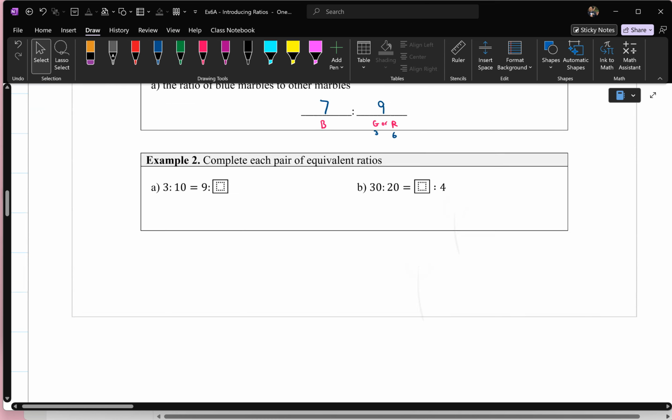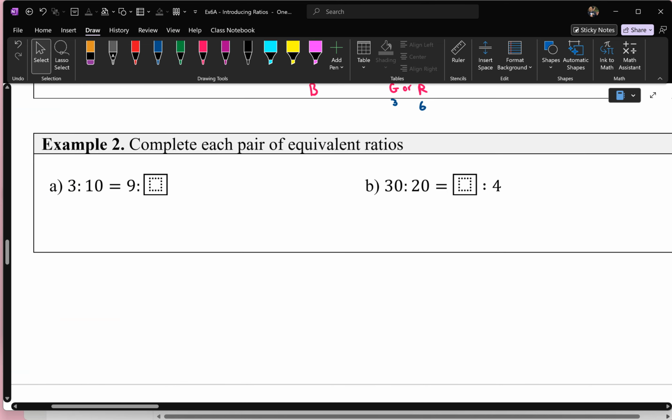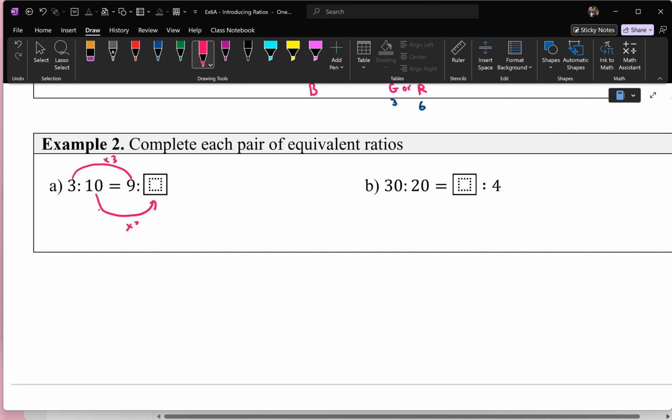Example 2: now you're going to complete the missing box of magic squares using equivalent ratios. It's a 3 to get to 9. We know that that's times by 3, but that also means you have to multiply 10 by 3. So the magic box here must be 30.